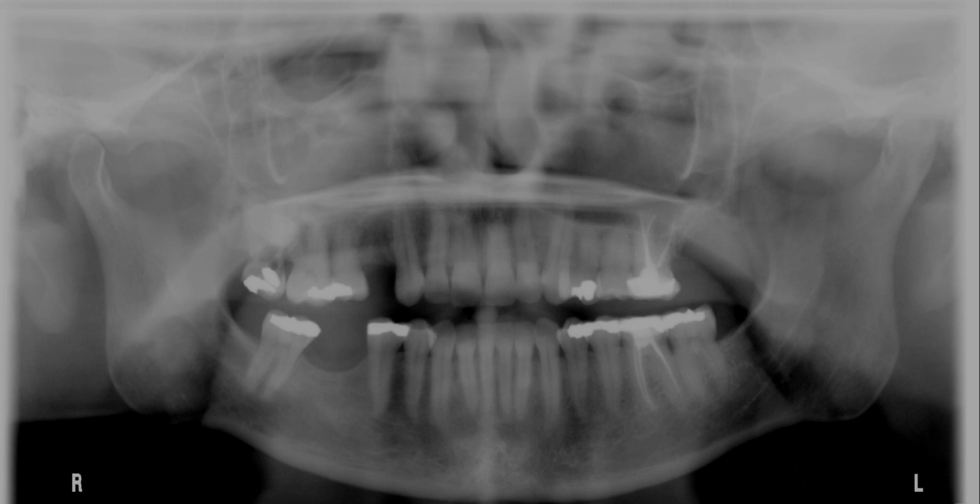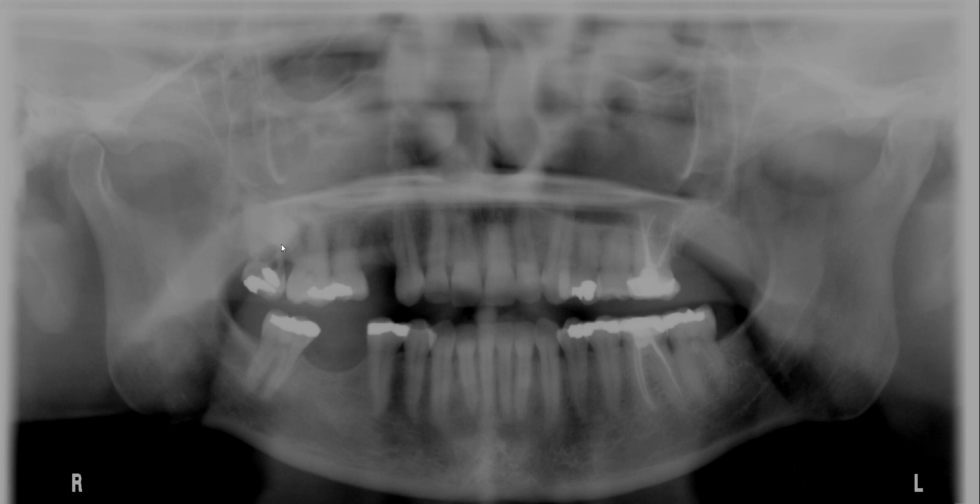When you look at the first maxillary right quadrant, you should recognize that the first premolar has now been extracted, but as you go toward the posterior area, I hope you recognize that there is an impacted third molar.